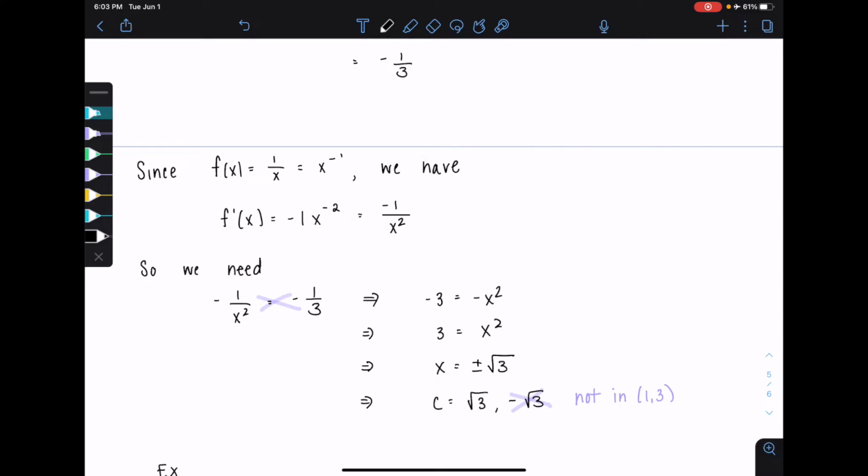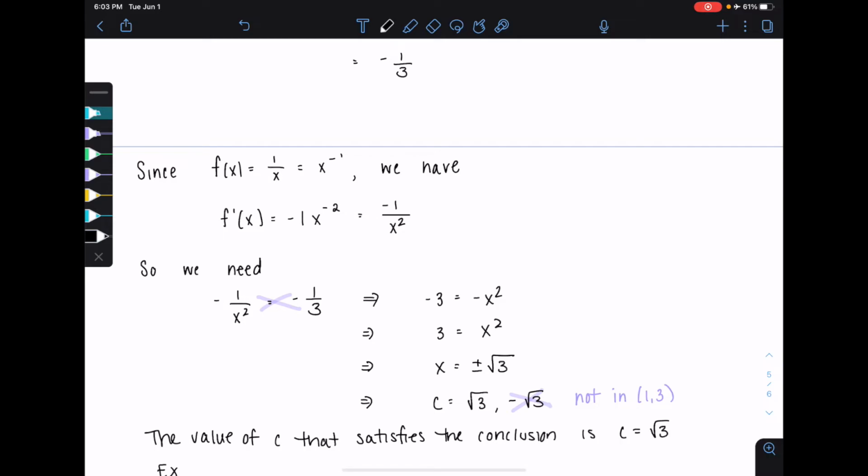So ultimately, the value of C that satisfies the conclusion is C equals the positive square root of 3. Okay.